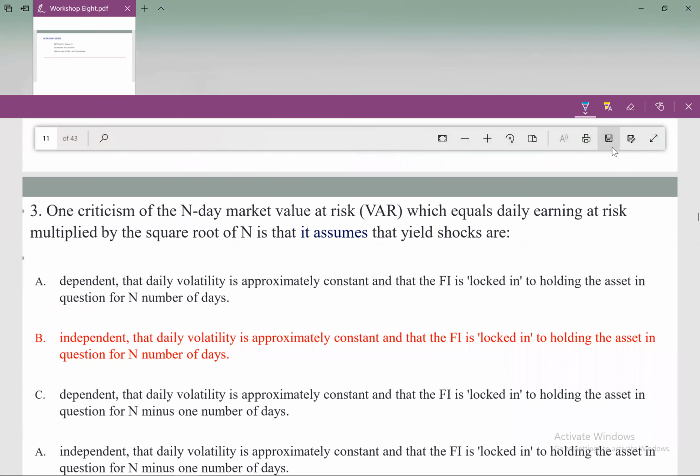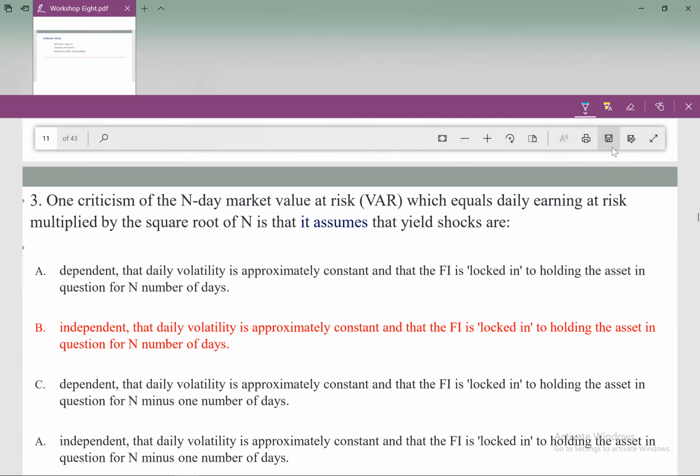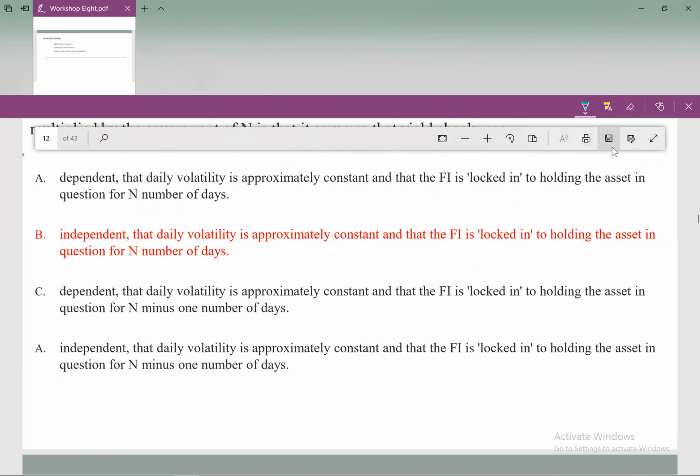We have a problem with the VaR here, because the expectation is, when you have the VaR and there is volatility in the market, if this is the time and this is the volatility, sometimes, like COVID when it happens, the volatility will jump to here. And then it will cool down.